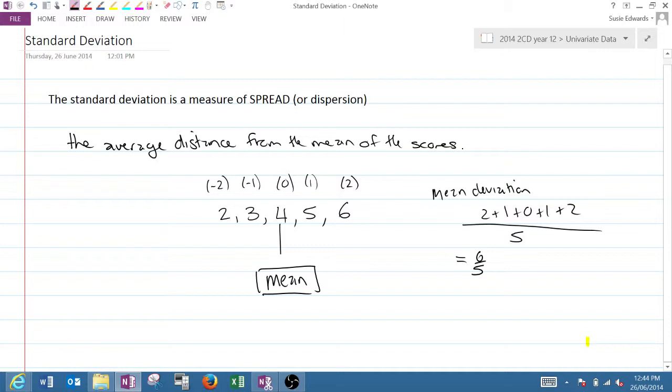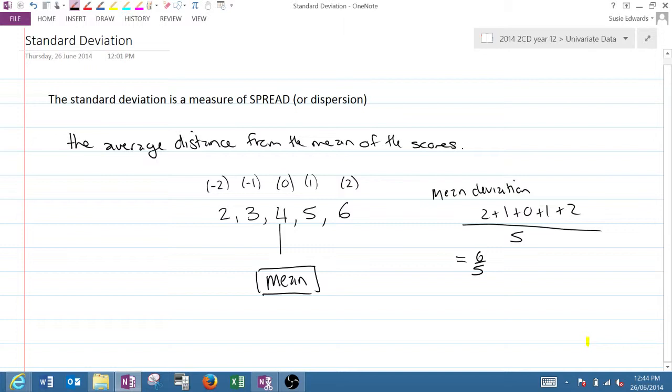The standard deviation is almost exactly the same thing, but we have to put in a couple of different processes. Instead of just being able to change a negative to a positive number, we have to do something else. Can anyone think of a way which we could change a negative number to a positive number? Times by -1, okay, for example.